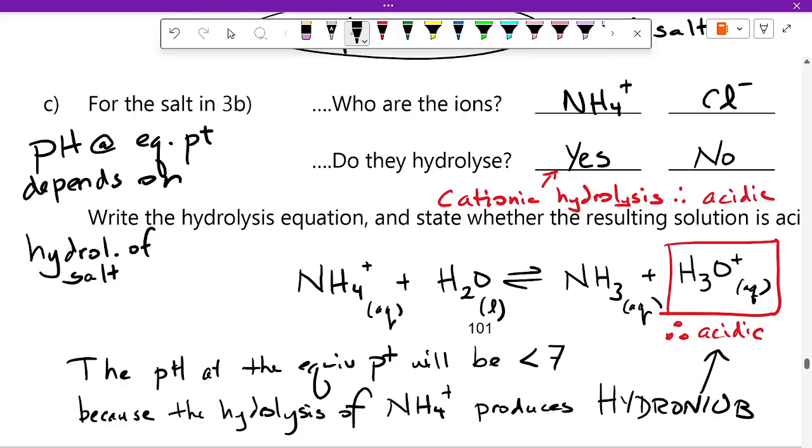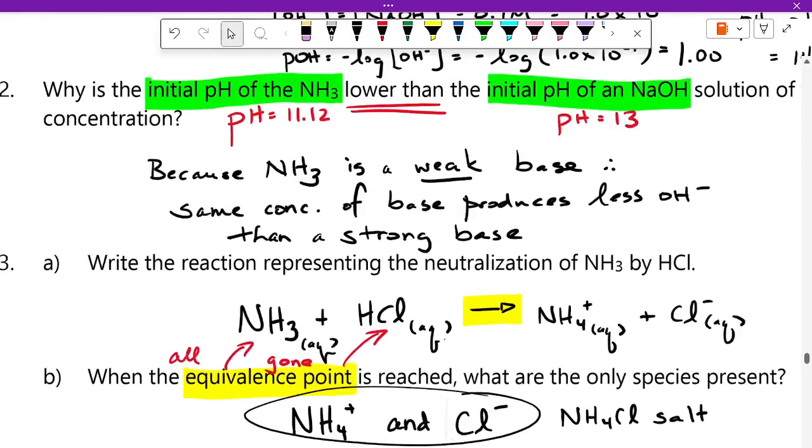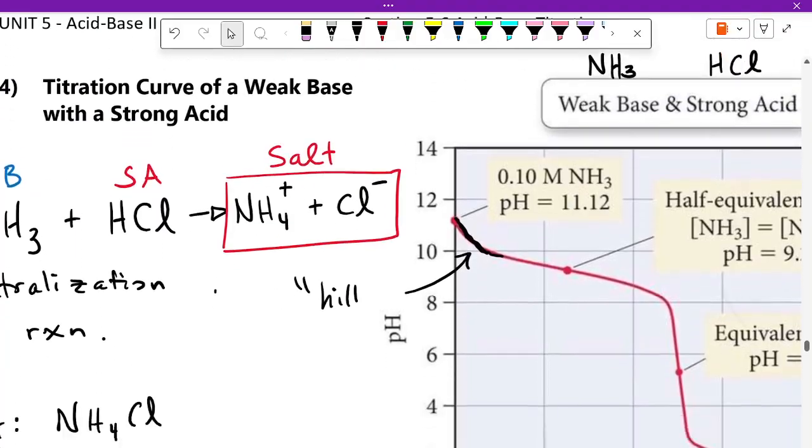Hydronium. There we go. Is that good? Okay. So it's basically the complete reverse of a weak acid plus a strong base. And so the greater the Kb, what can we say about the pH at the equivalence point?